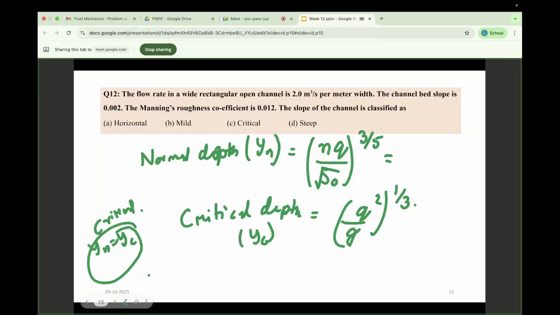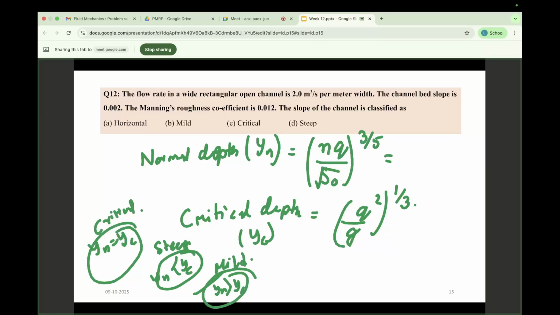Also if yn is less than yc, this means it will rise, it will be steep. And if yn is greater than yc, it will be mild. So please try to answer, find out this thing.